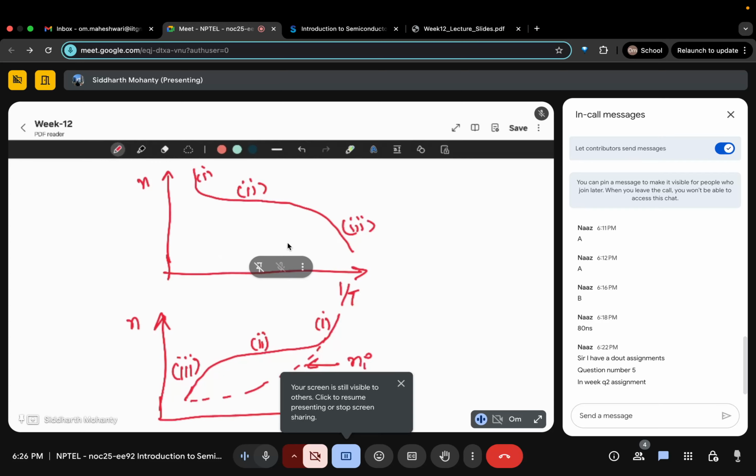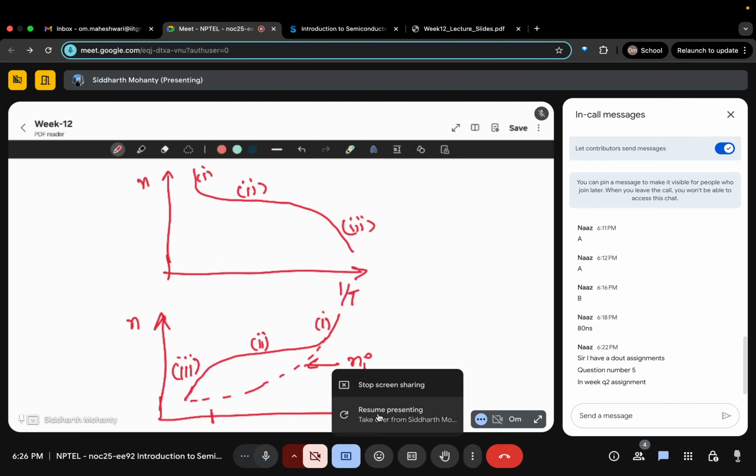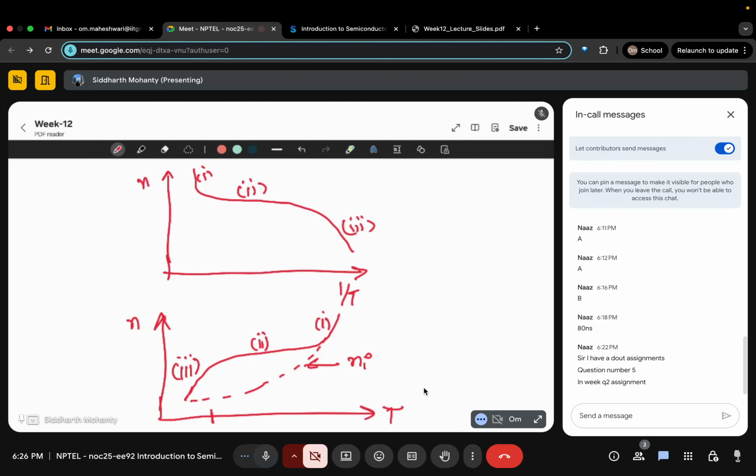In region 3, when we have very low temperature, there is small ionization, right? So we have EC, EV, and ED.